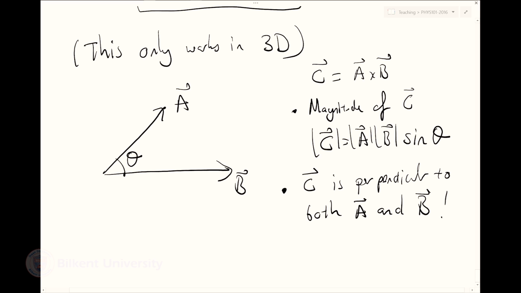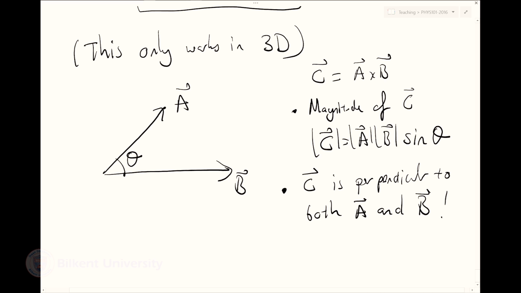If I'm perpendicular to B, I'm certainly not perpendicular to A. And if I'm perpendicular to A, I'm certainly not perpendicular to B. This works only in 3 dimensions. That's what I said. So now the only way you can actually be perpendicular to both A and B is you must go out of the plane. So you're either coming out from the screen or maybe you're going into the screen.